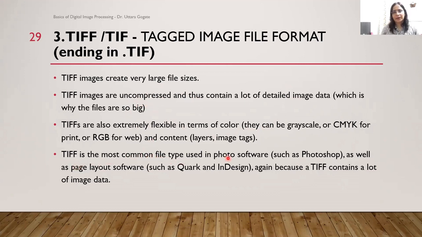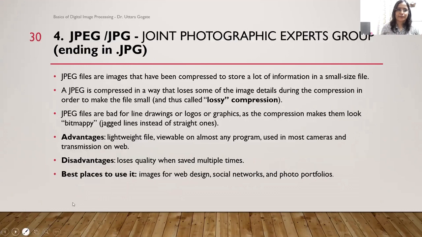And it is very common, and software like Photoshop prefer to use this kind of file format because they can do a lot of processing on the uncompressed data, because you are getting most of the details available as it is uncompressed. They prefer this TIFF type of file format.